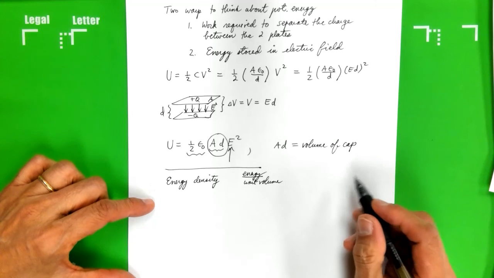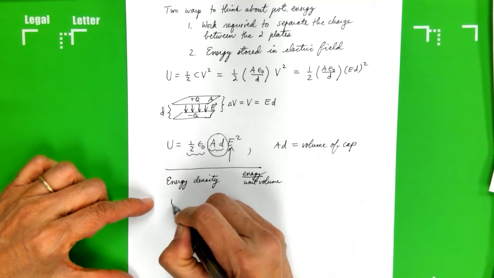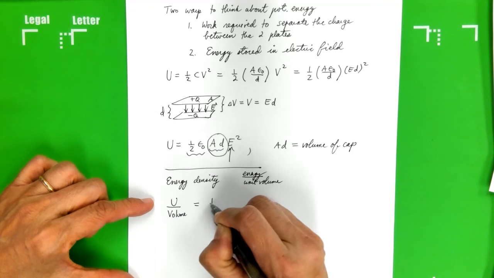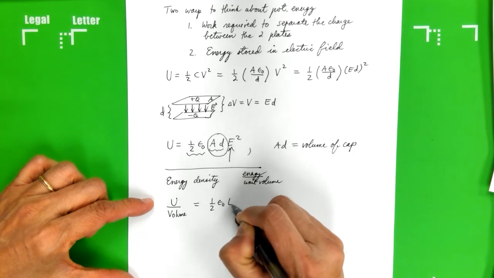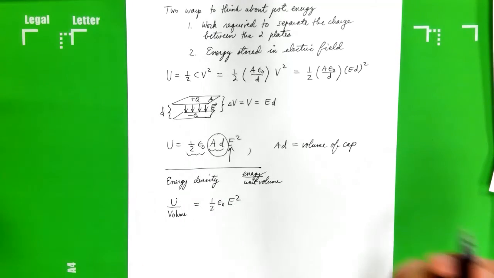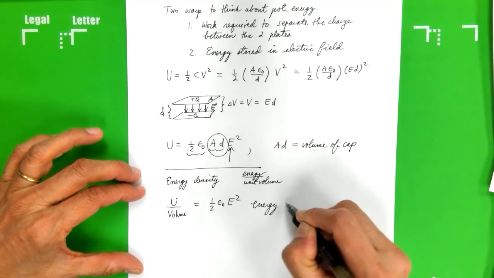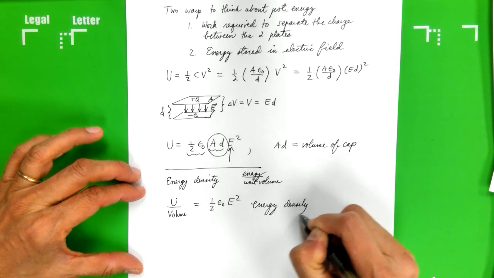So therefore, what you can do is take U and divide it by the volume, and then that equals 1/2 epsilon naught E squared. So sometimes this quantity is more convenient for understanding the science of the problem.